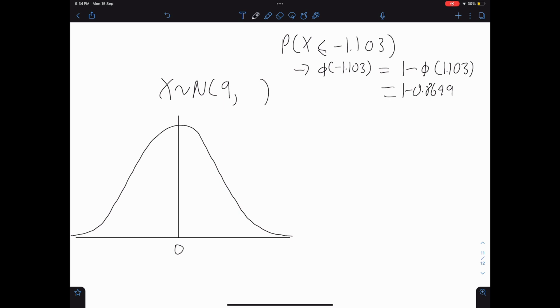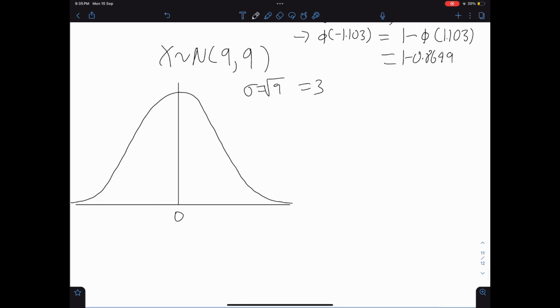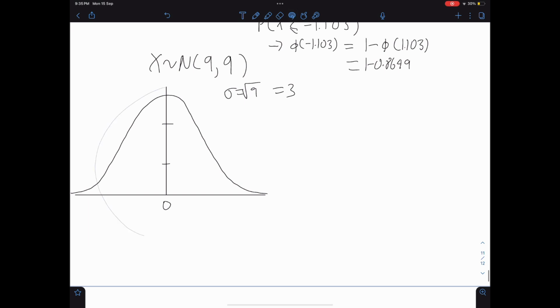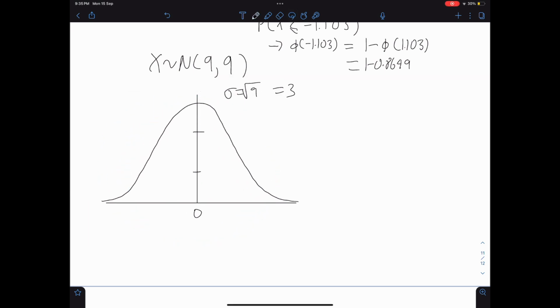Let's say the variance is 9, so that means sigma equals root 9, which is 3. So it's standard deviation 3. So we're increasing the standard deviation threefold, which means we will first make it a third the height and 3 times as spread out. So it becomes more like this. Again, apologies for the drawing. And then for the mean of 9, we would shift this along, a translation, to be at 9.